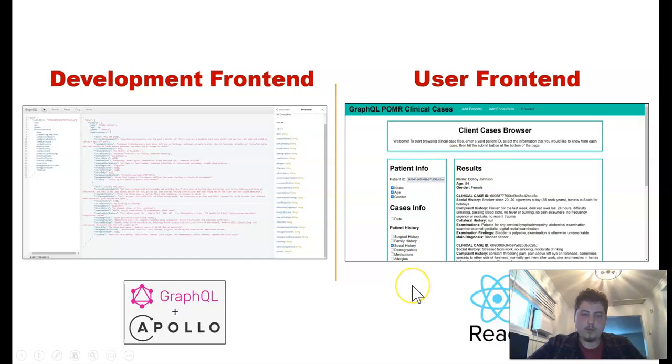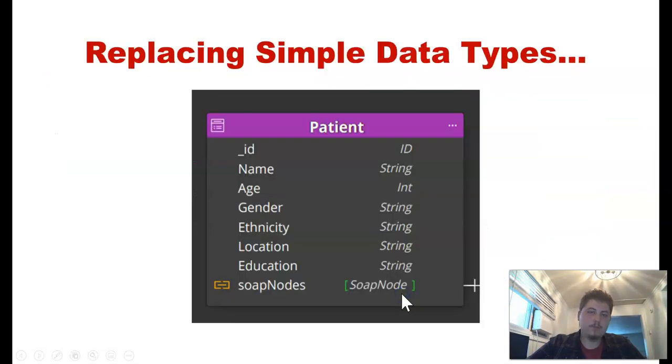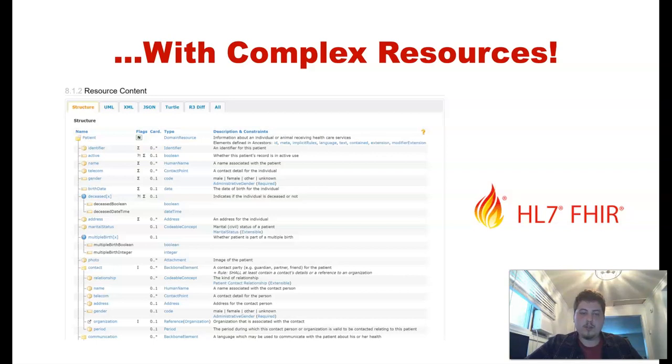Another issue that we're tackling right now is focusing on these rather simplistic data types that are useful enough for representing hospital data at this point, but in an actual use case, they're going to be far more complex. And so in order to replace these simple data types, we're looking to map pre-existing complex data types that are standardized around the world. And we are using FHIR resources to do this.